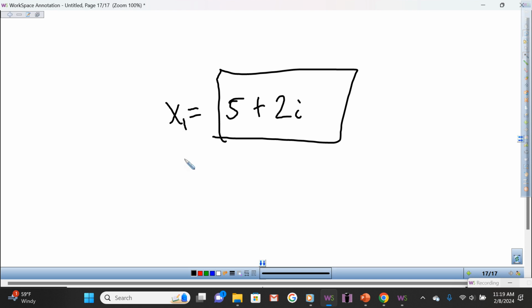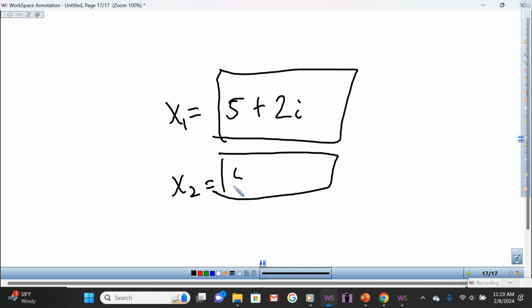So if that's x1, tell your neighbor what x2 looks like. That is correct, 5 minus 2i. That's what we're going to be looking at today.